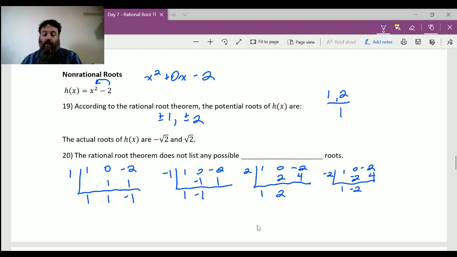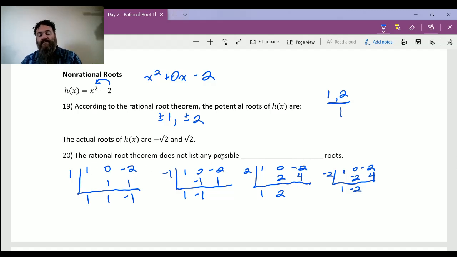Where do I get the -1 from? Well, keep in mind, you're always looking at both the positive and negative numbers. So when I say 1/1, that's 1, but we need to consider both the positive and negative version of that number. 2/1, that's 2. We need to consider both the positive and negative versions of that number. Now the actual roots for this are negative square root of 2 and positive square root of 2.